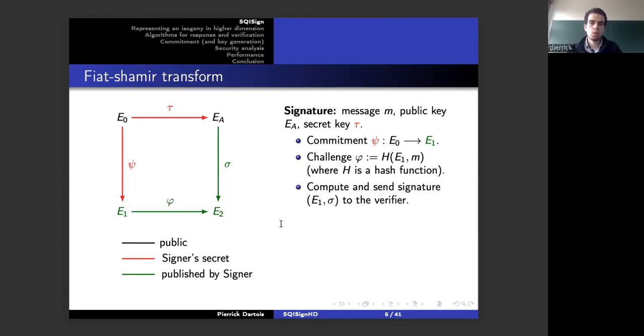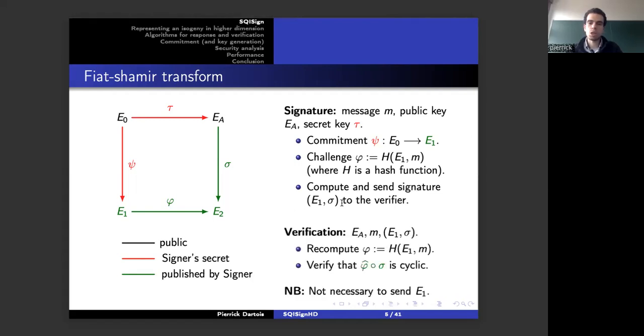So how can we do that? Given a message M, we commit as previously an elliptic curve with the secret isogeny psi, and to generate the challenge, instead of asking the verifier, we hash the message, and that way we just compute the response sigma and send E1 and sigma to the verifier as our signature.